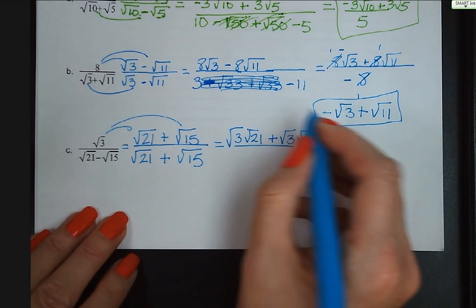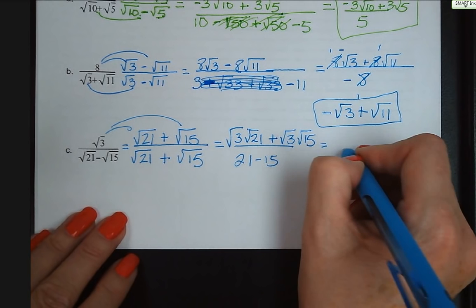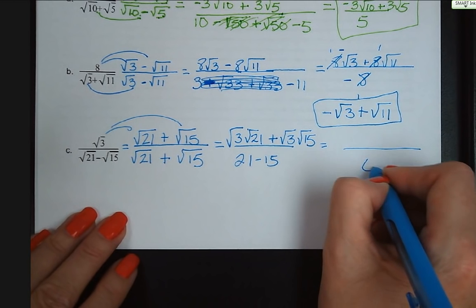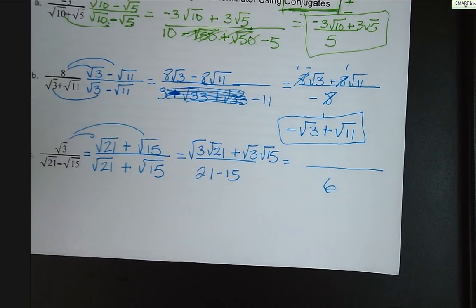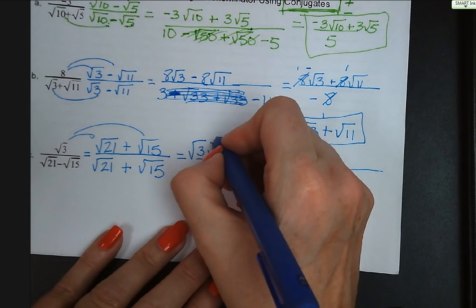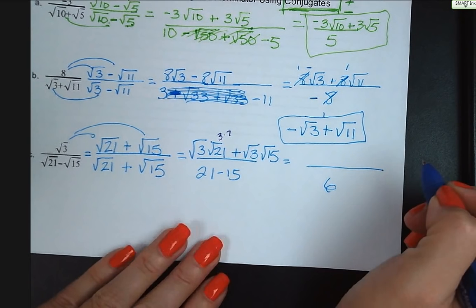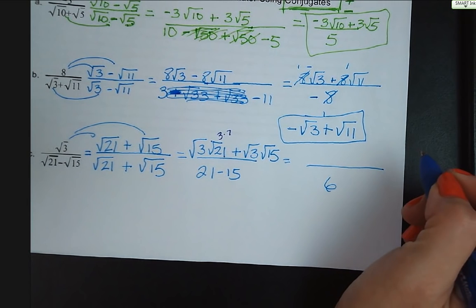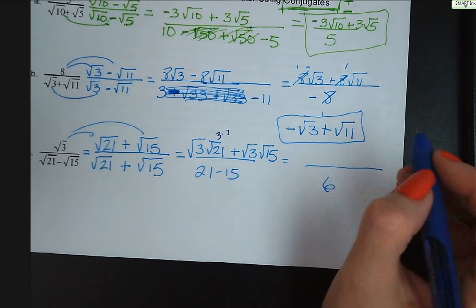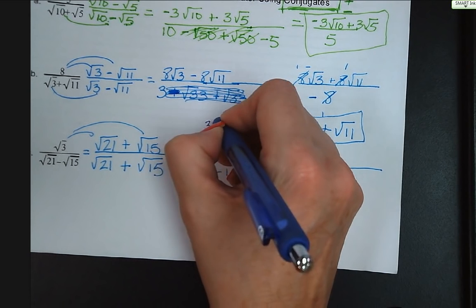over 21 minus 15. So you can see how we could just shortcut that FOIL process. We don't need to deal with that. Okay, so this is 3 times 7. So we've got square root of 3, square root of 3, so that's a pair that we can bring out. So it's 3 root 7 for the first term.